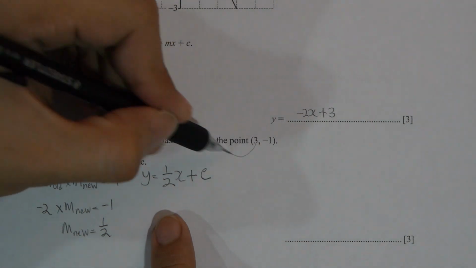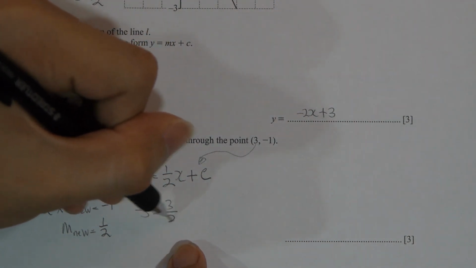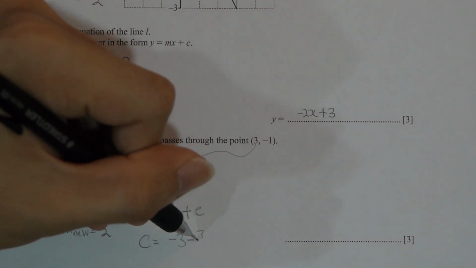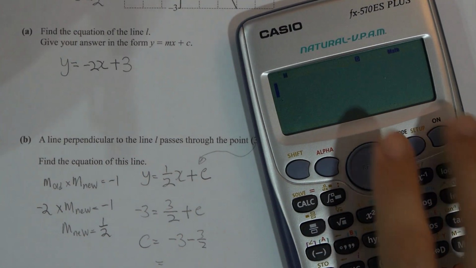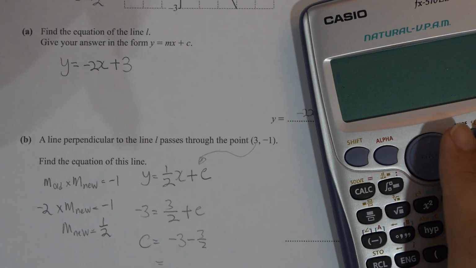With this being said, now you substitute the point that was given earlier, 3, -1, into the formula to find C. Sometimes this point will not be given, then you're required to calculate the midpoint of the line they gave you earlier, because you can use that as a reference to find your C.